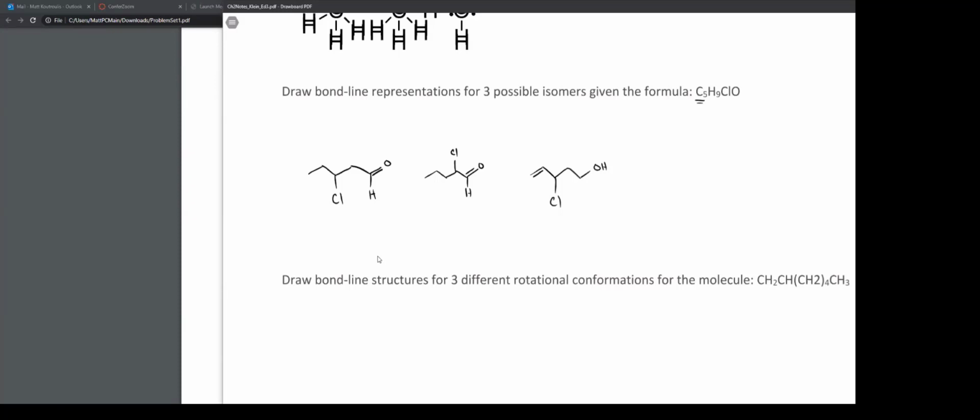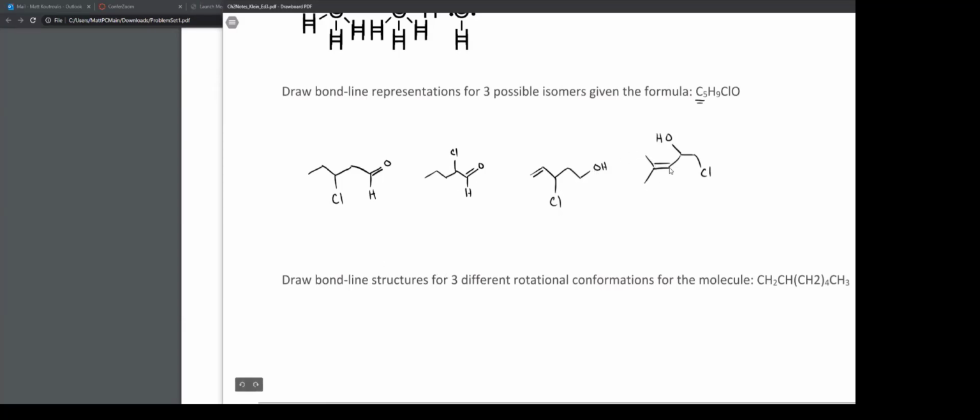There are so many ways you could do this. I've only done carbons in chains. Maybe I don't need carbons in chains. Maybe I could do a branch. There's another one.